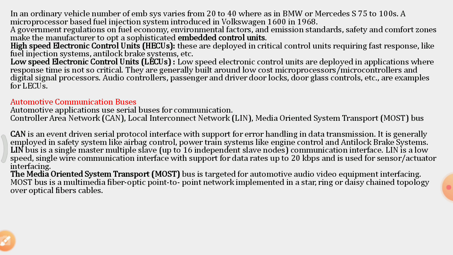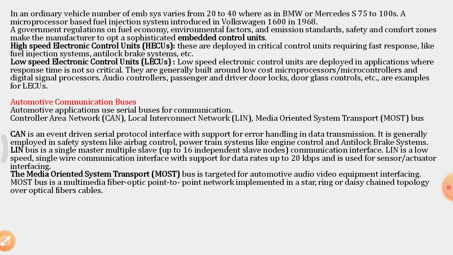CAN is an event-driven serial protocol interface with support for error handling as well as data transmission. It is generally employed in safety systems like airbag control, or powertrain systems like engine control and anti-lock braking systems.